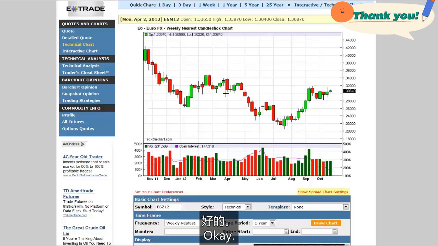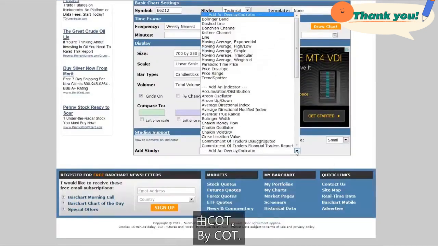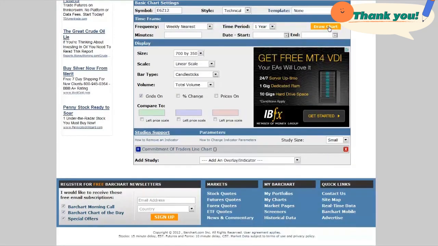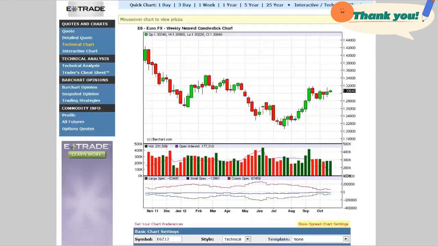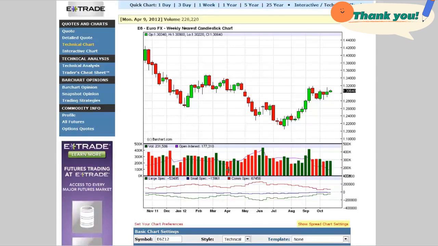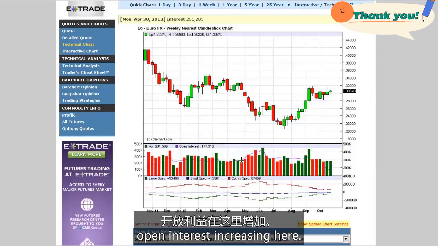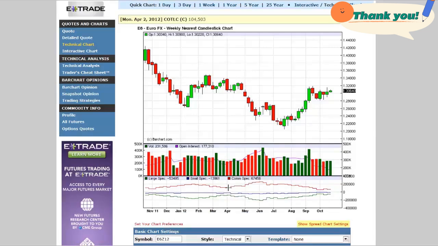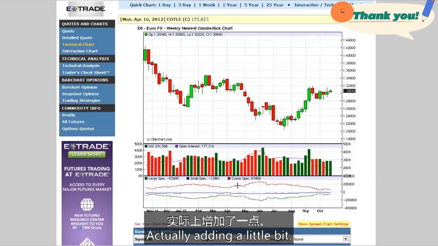Okay, and now let's go and add the commercials by COT and the commitment of traders line chart. Add that. Click draw. Okay, and you can see here we had open interest increasing here, while we also saw the commercials in this case actually adding a little bit of their net longs in here.